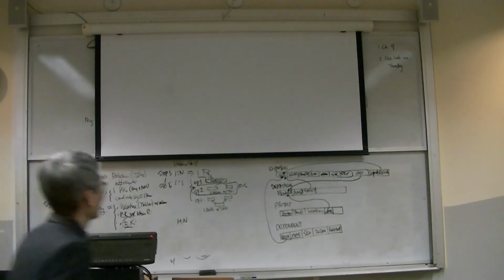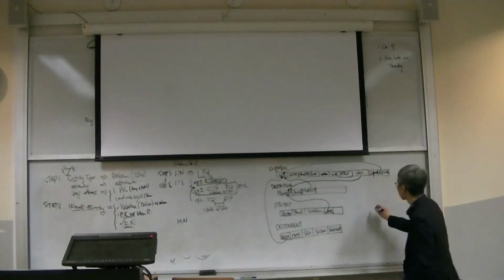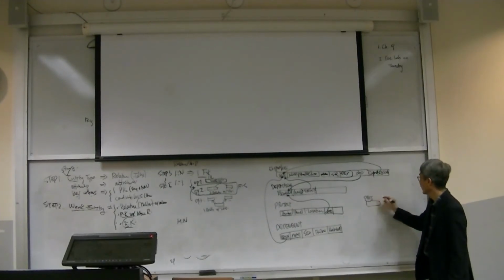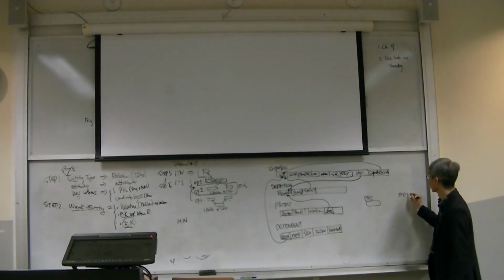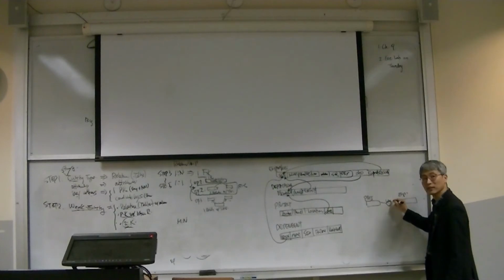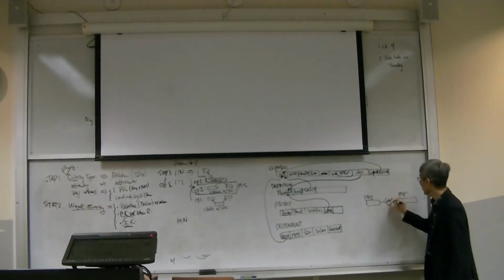So let's see our example. In our example, the many-to-many is project and the employee. We have hours. Okay? Works on, number of hours.